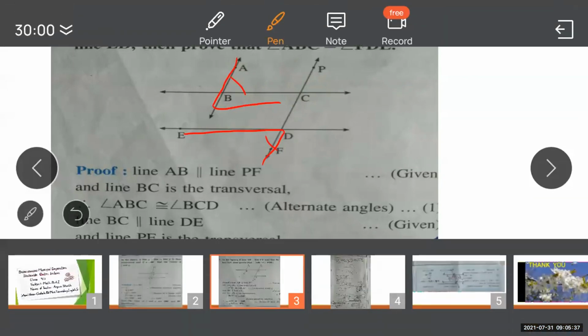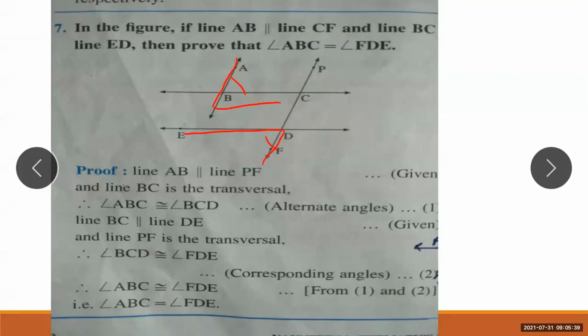Line AB is parallel to line PF. PF means CF, which is given in the example, and that is the same line. And here BC is a transversal.